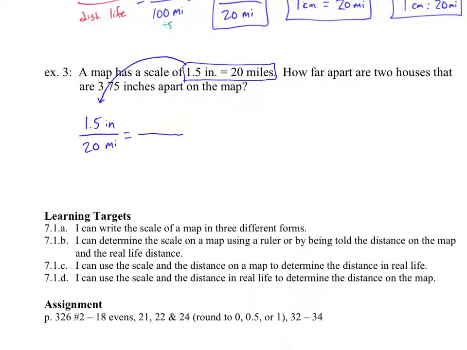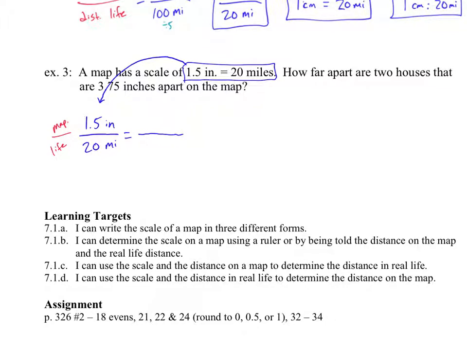Now there's 2 ways to figure out where to put the 3.75 inches, because this is something that messes up a lot of people. Probably the better way is the numerator is the distance on the map over the distance in real life. So then you just have to ask yourself, the 3.75 inches, are we talking about two things that are 3.75 inches apart in your bedroom or in the classroom or on the front lawn?